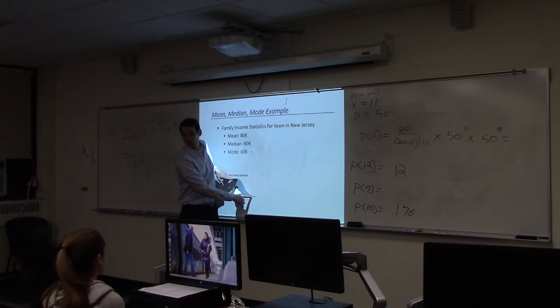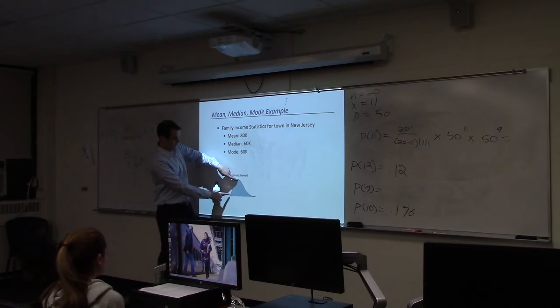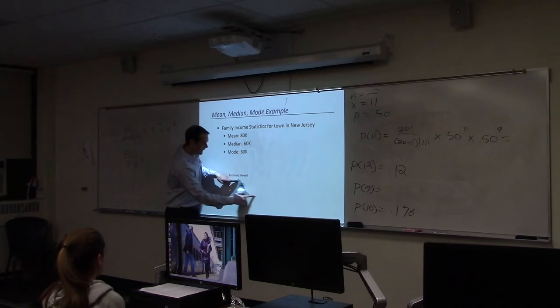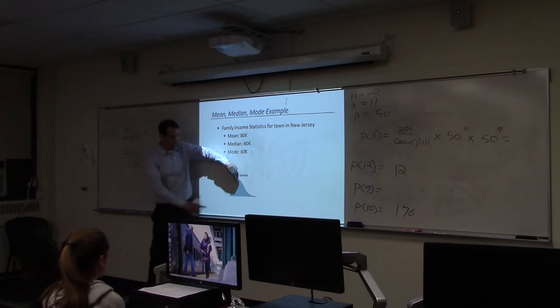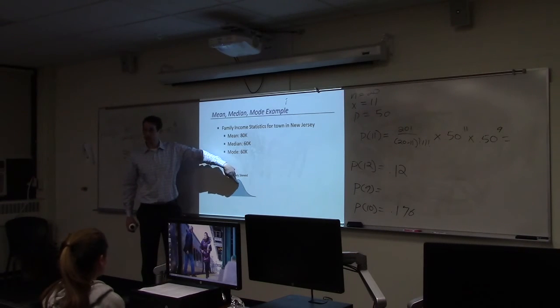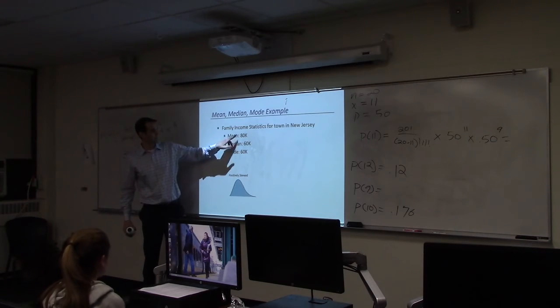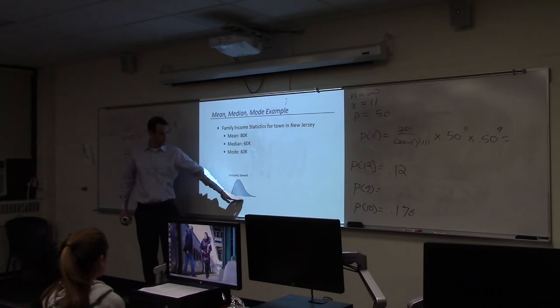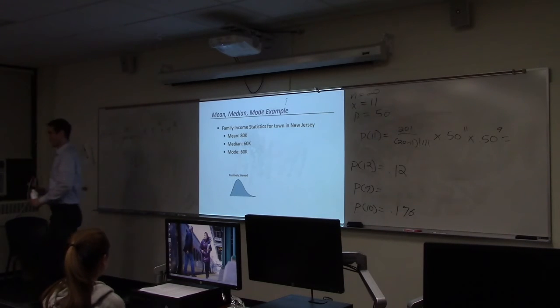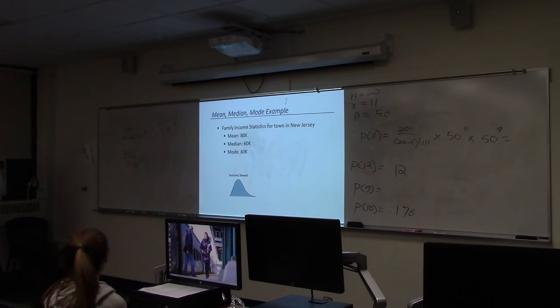So the rich people are really rich, and the poor people are just kind of poor. Proportionally, the rich people make a lot more. It could just be one person. It could be one really rich woman who lives in town, who pulls the mean up to 80,000. There's not more than one of her, but she positively skews the data. Does that make sense? All right.